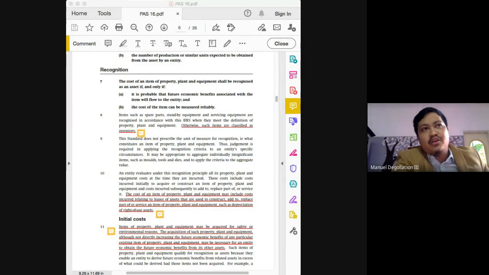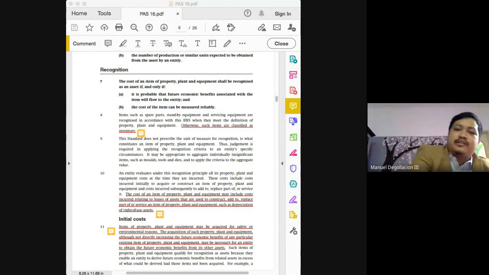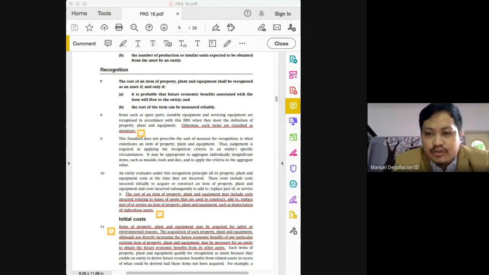So if the cost will benefit the entity for 10 years, then it is just logical and understandable why we should also spread out the related cost throughout the same period. We will elaborate on this during the discussion on depreciation.